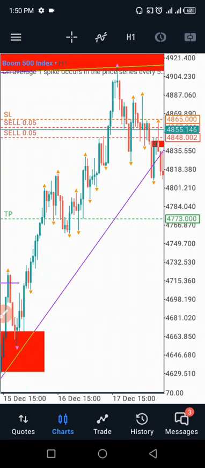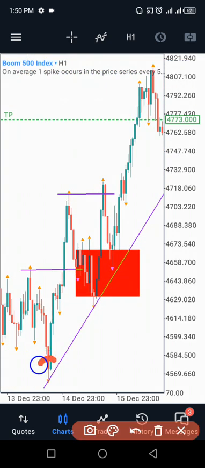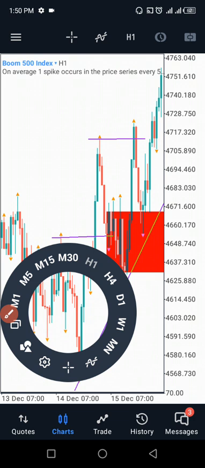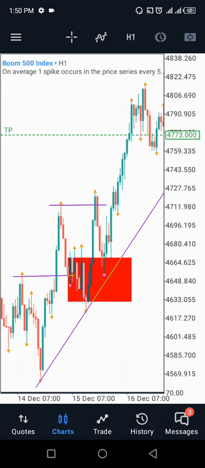So this is how to make use of a trend line. You must be able to identify two valid points here. You can call those points point A and point B. Those two points will help us to know when to take a trade.